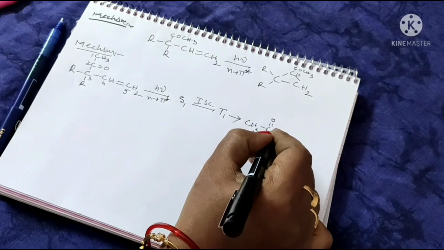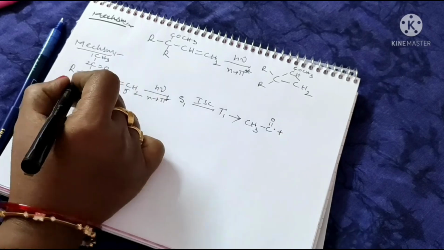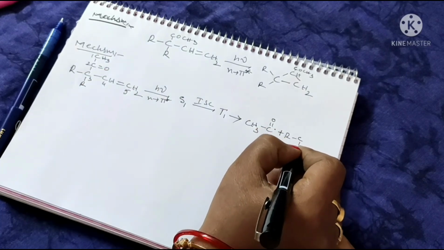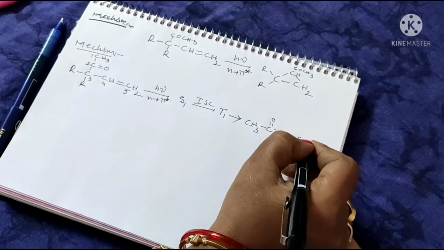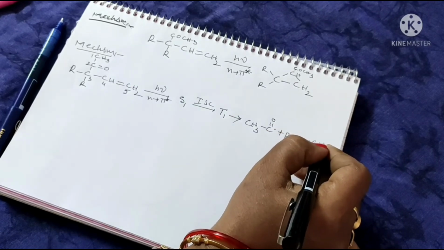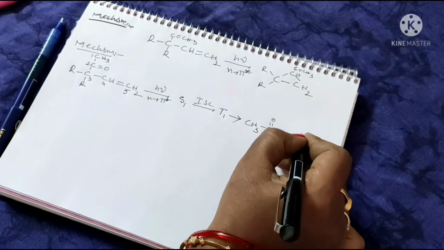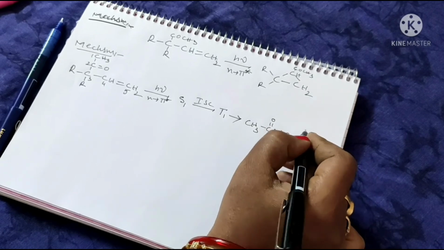That is, CH3-C=O radical plus R2C=CH-CH2 radical.